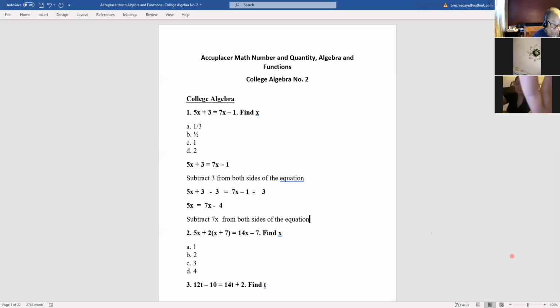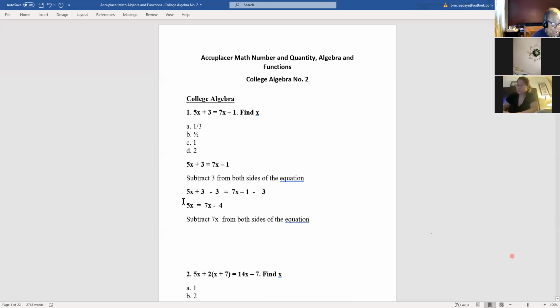Okay, now let's just rewrite this and subtract out the 7x. So 5x minus 7x equals 7x minus 4 minus 7x. Now, what do I get on the left side, Latoya?